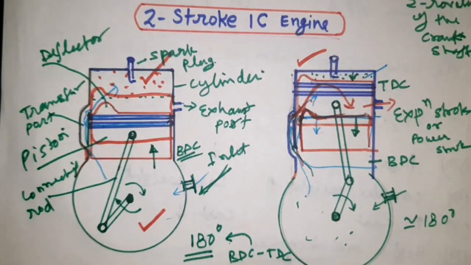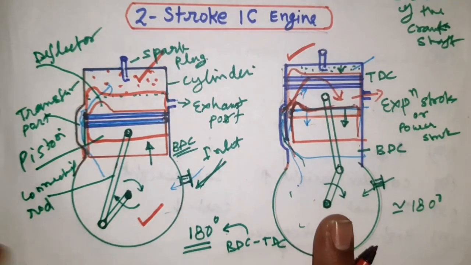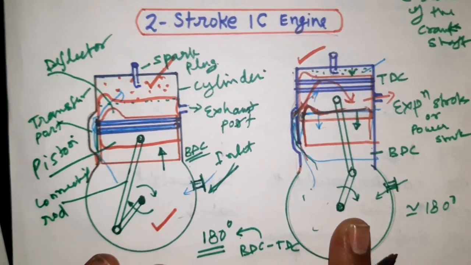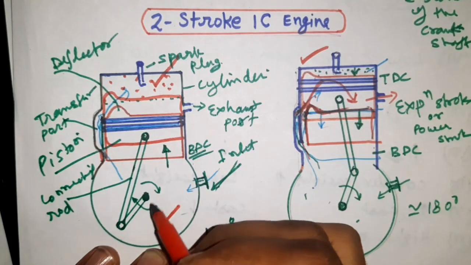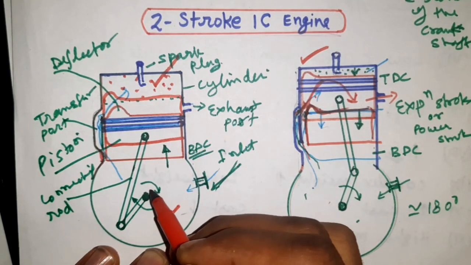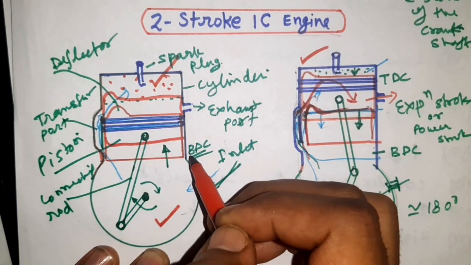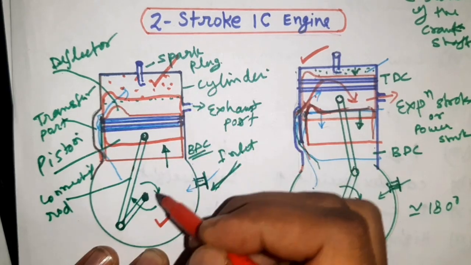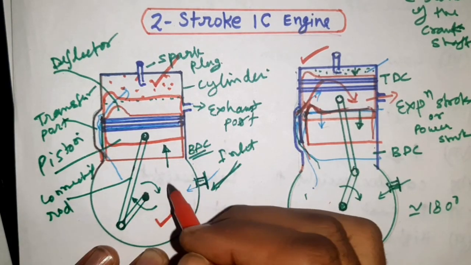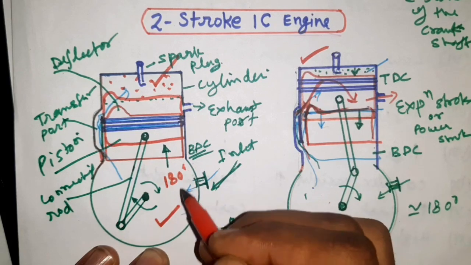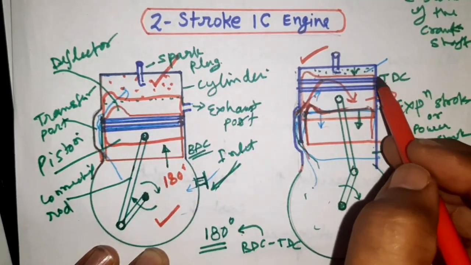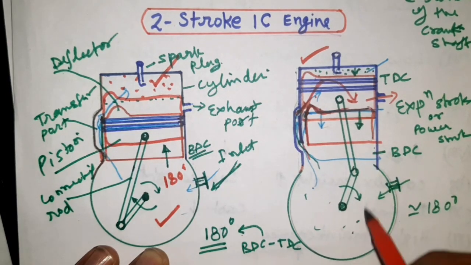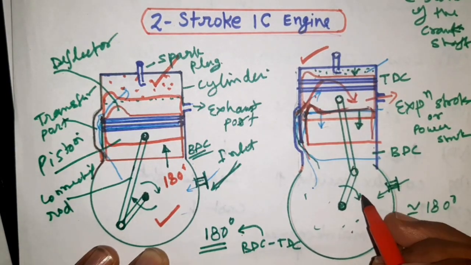Here you can see that in a 180 degree crank rotation, the piston moves from BDC to TDC, and two strokes are completed. Again in the next 180 degree rotation of the crank, two strokes are completed.